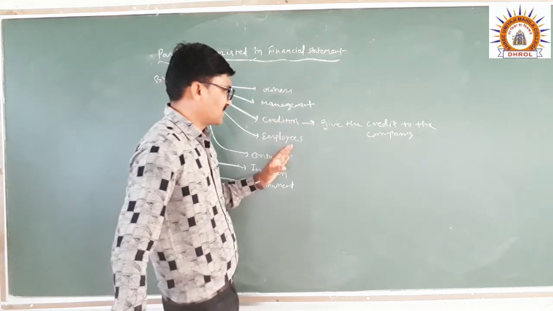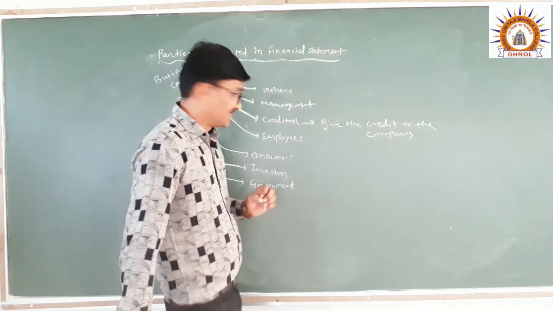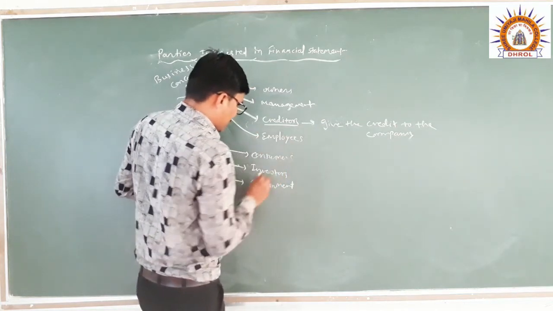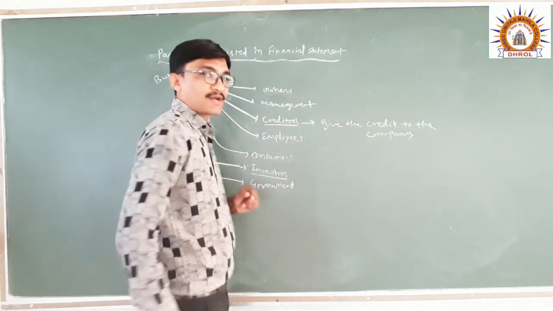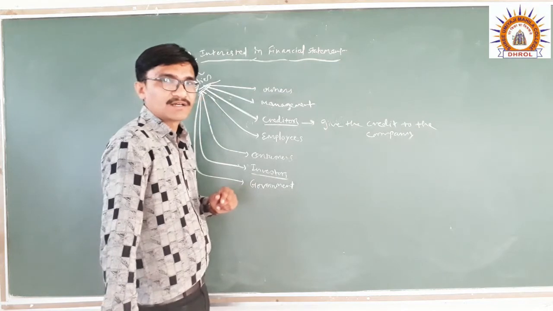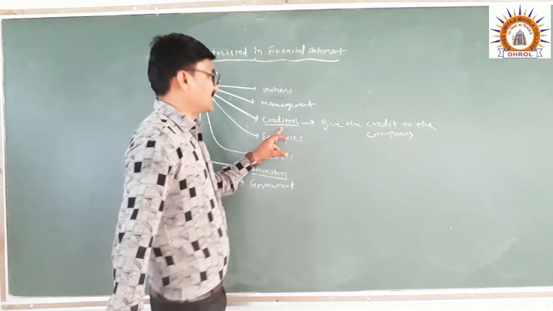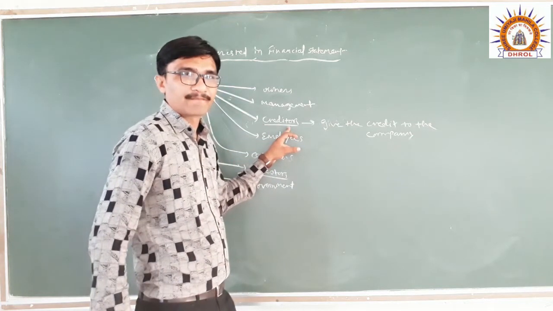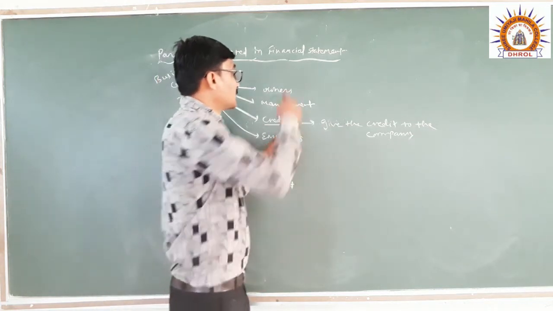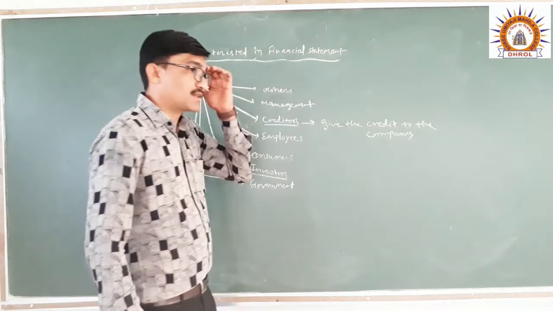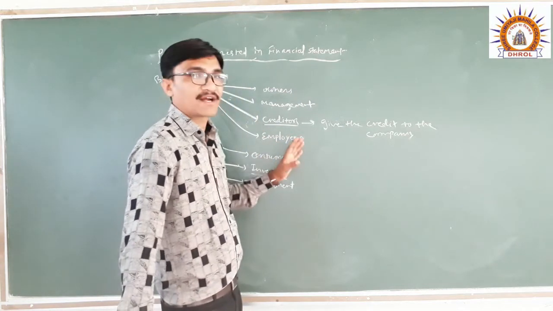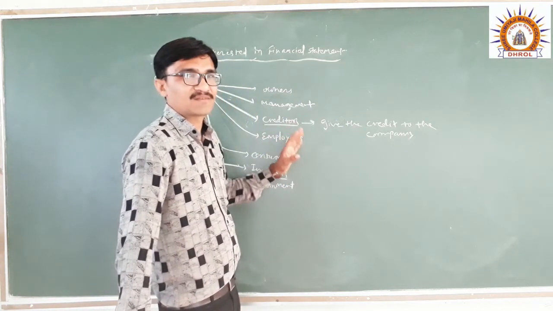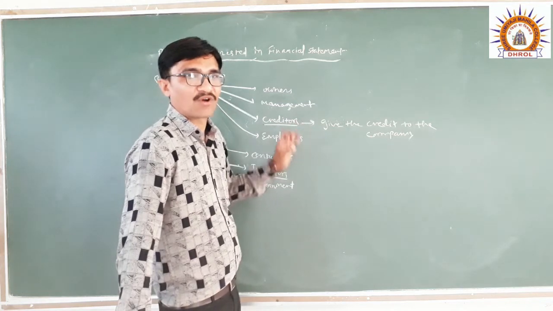One more thing: the creditors give the loan. The word creditors and the word investor are both different. Here, the creditors give loans to the company. In the subject of financial statement, the creditors want to know whether the financial position of the particular business organization is sound or not.